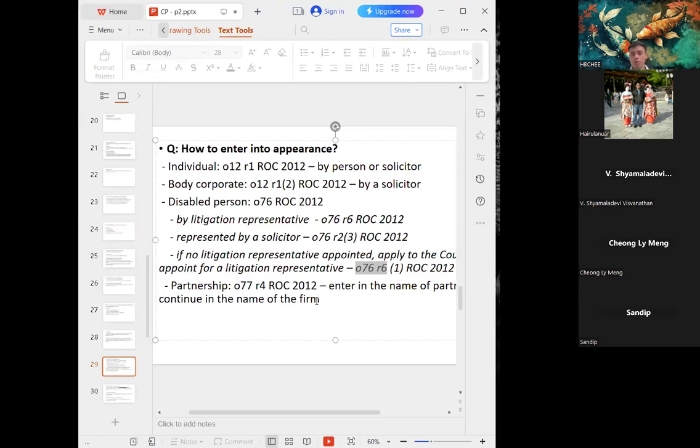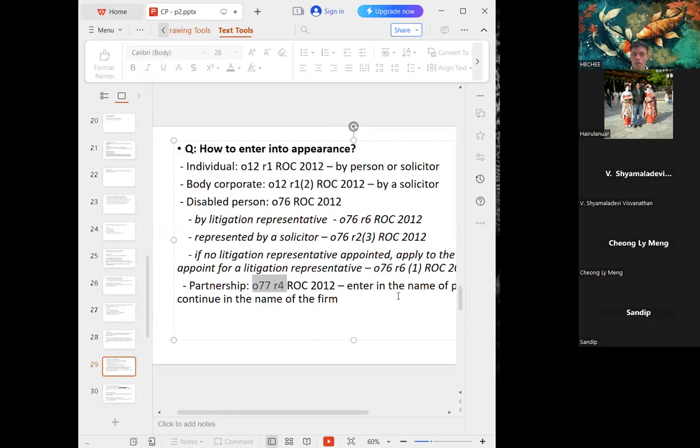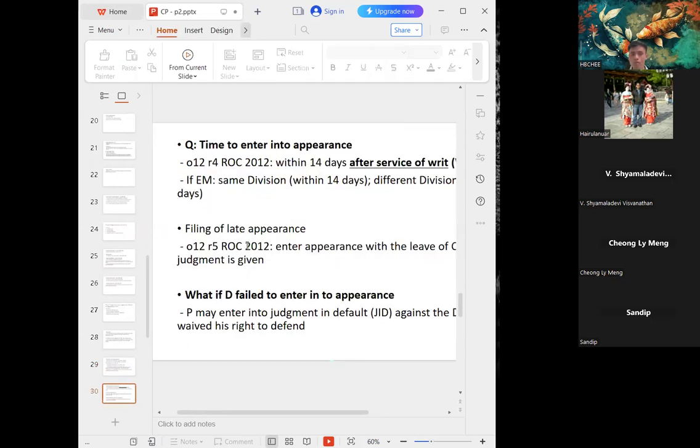A partnership is given under Order 77 Rule 4: enter in the name of the partners, but continue in the name of the firm. This means that the particular partner can enter into appearance on behalf of the firm, but the action is continued in the name of the partnership.